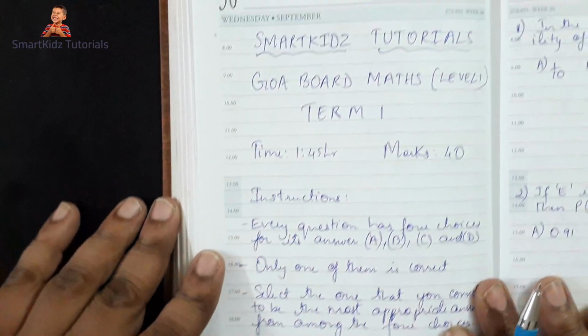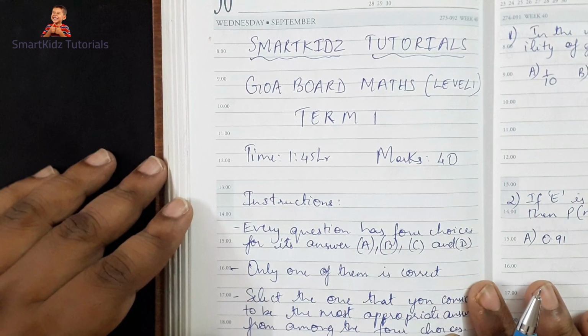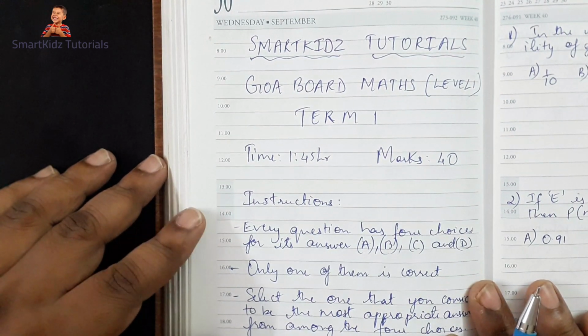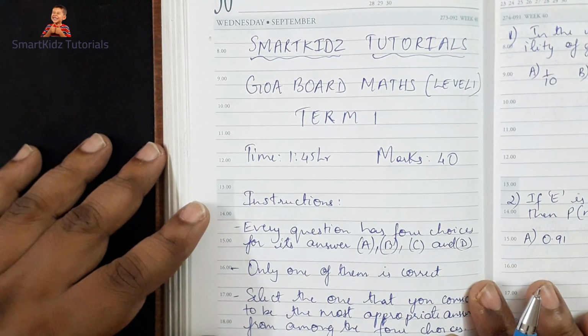So once again I would ask all of you to ensure that you answer all the questions even if you do not know the answer, because there are no negative markings. By chance you may end up receiving a mark, or if the question is wrong, the Goa Board can only give you benefit of doubt and give you that 1 mark if you have attempted the question.